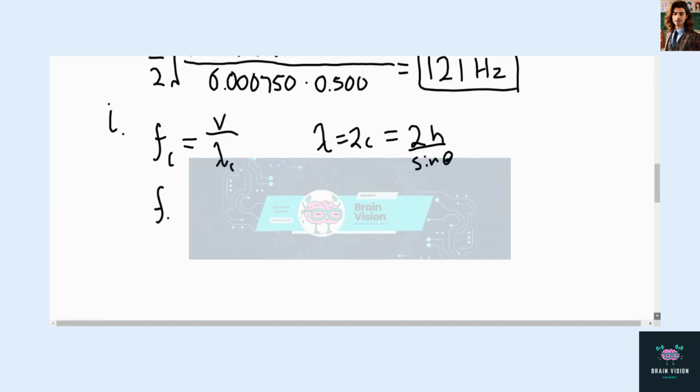So then Fc becomes sine theta over 2h, because we have 1 over lambda, and lambda is equal to 2h over sine theta, so we just take the reciprocal of that.